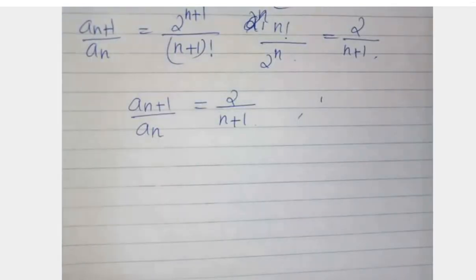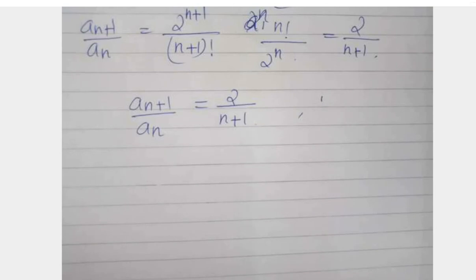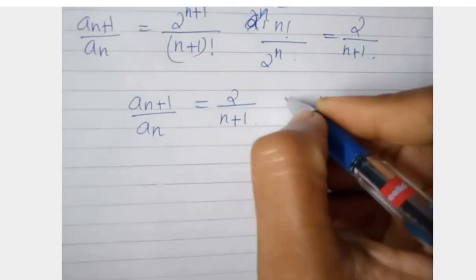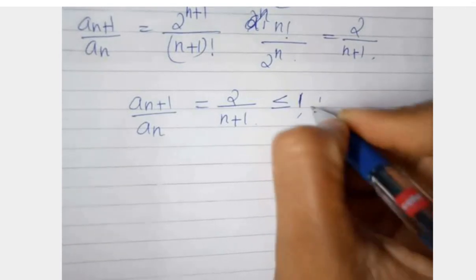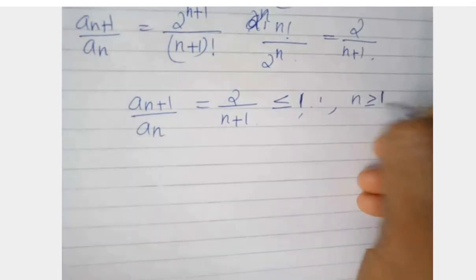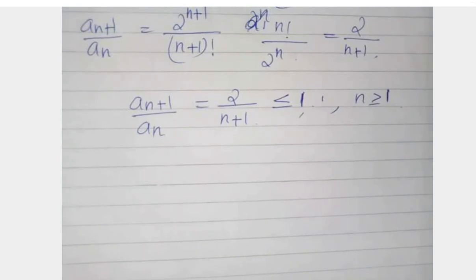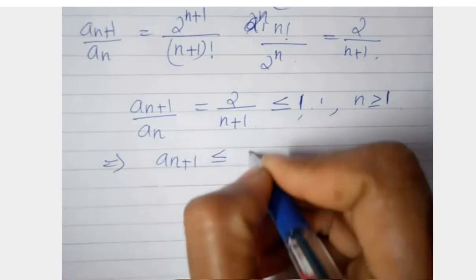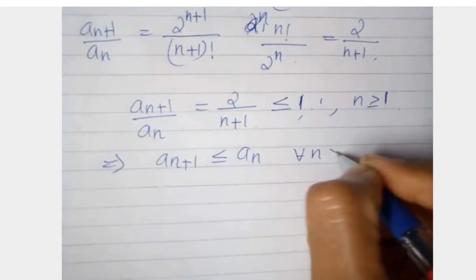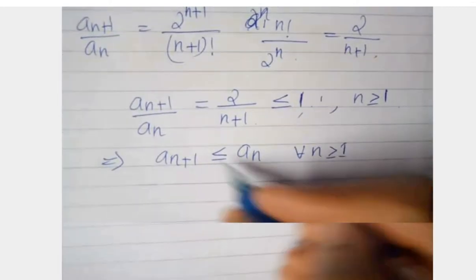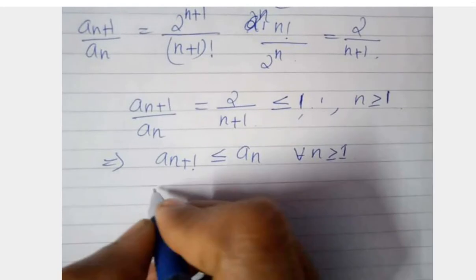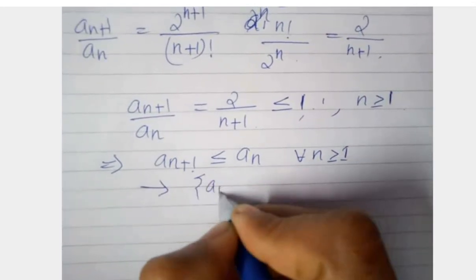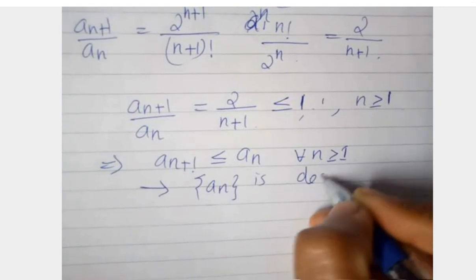Next n equal to 3 gives 2 by 4, then 2 by 5, 2 by 6, 2 by 7, etc. So this ratio is always less than or equal to 1 for n greater than or equal to 1, which implies an plus 1 is less than or equal to an. This means the sequence an is a decreasing sequence.